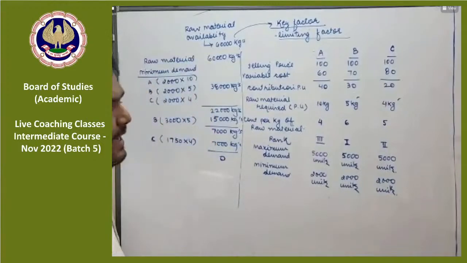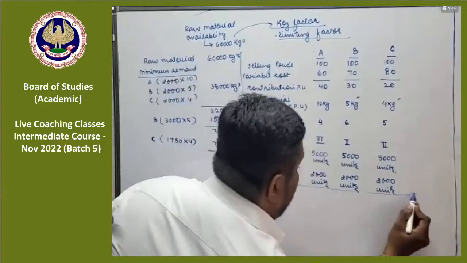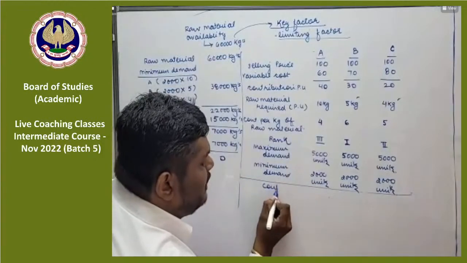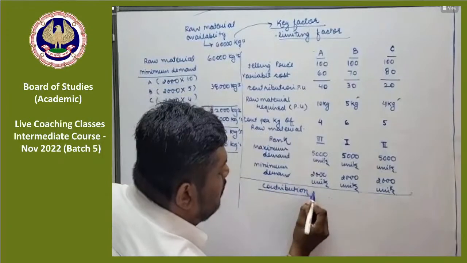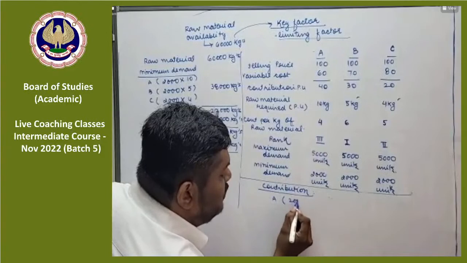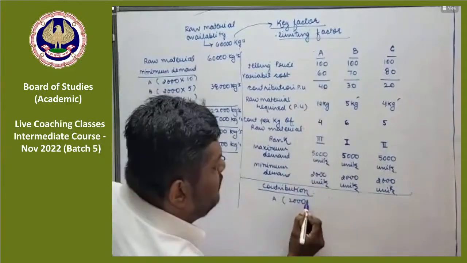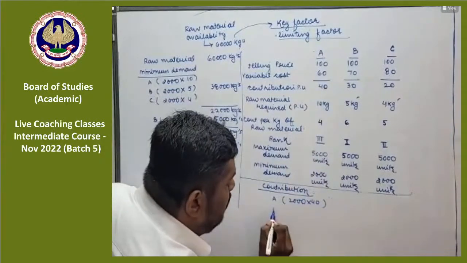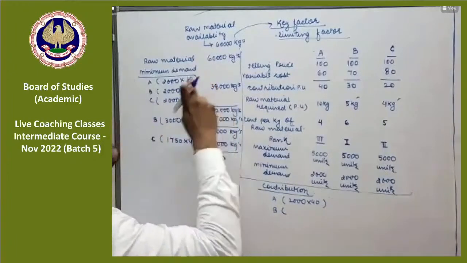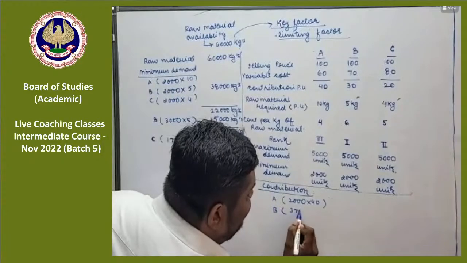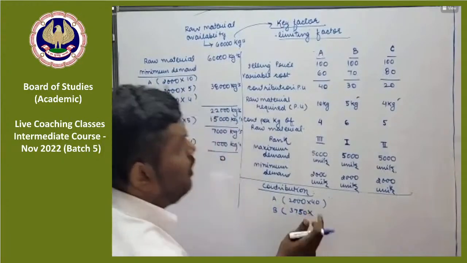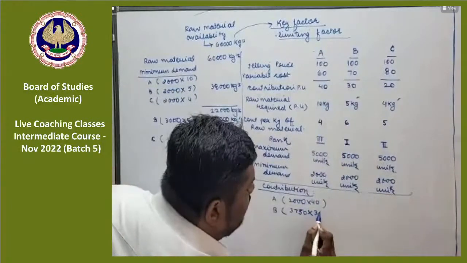So now, when talking about the contribution part, for product A we manufacture 2,000 units and the contribution per unit is 40. Product B, we manufacture 2,000 plus 1,750, that is 3,750 units, and the contribution per unit is 30.